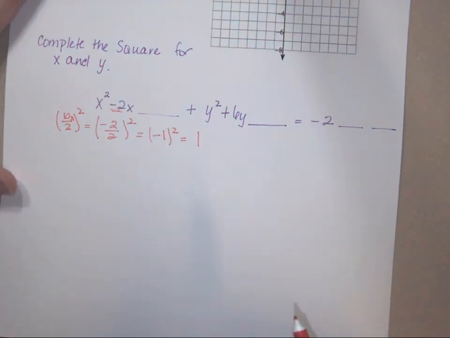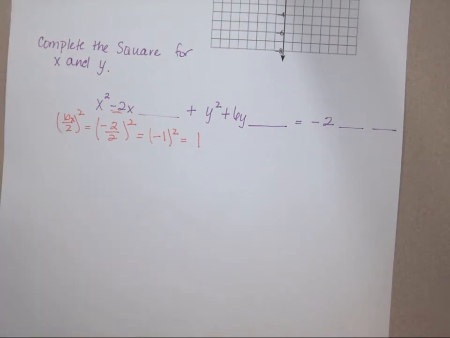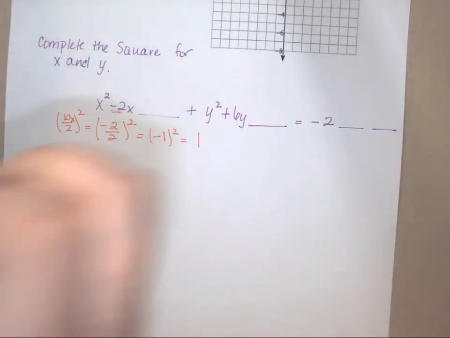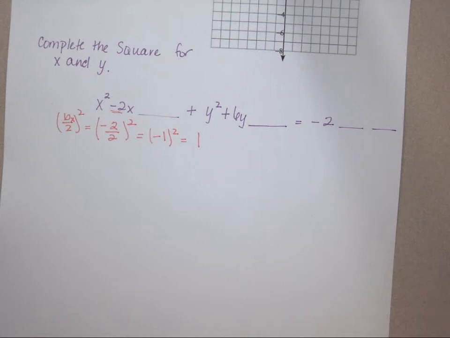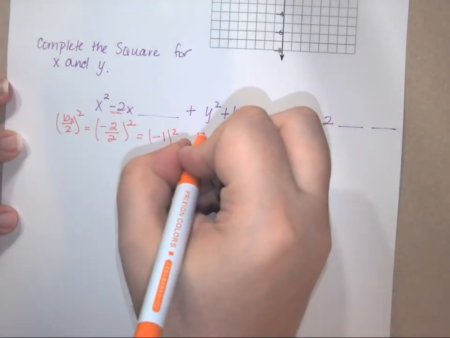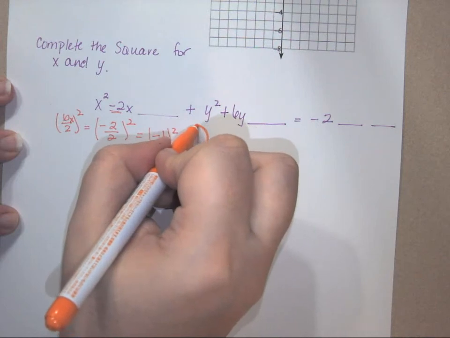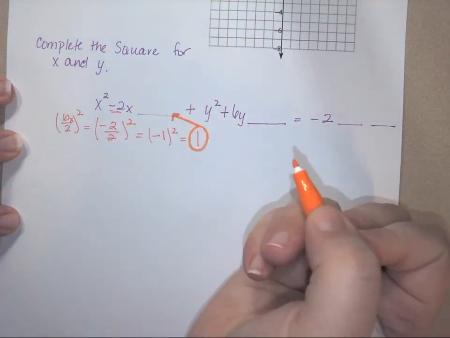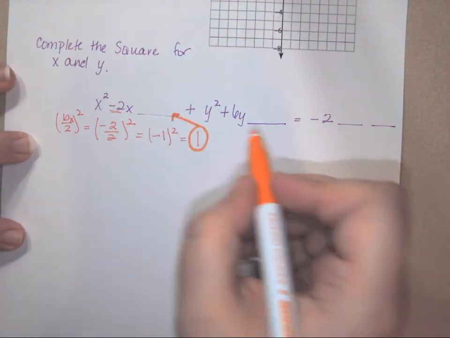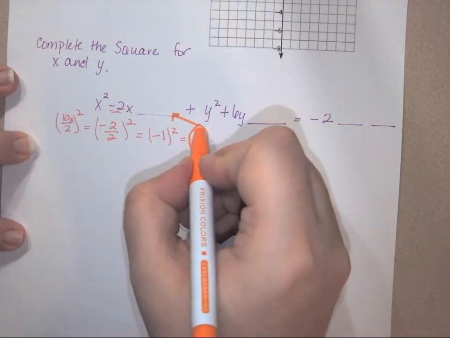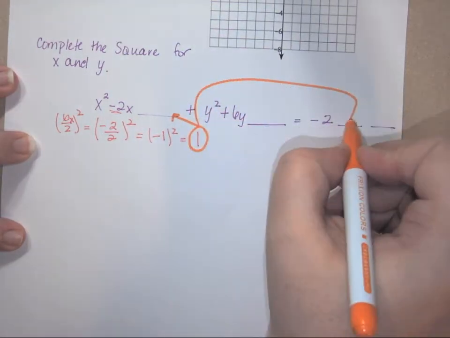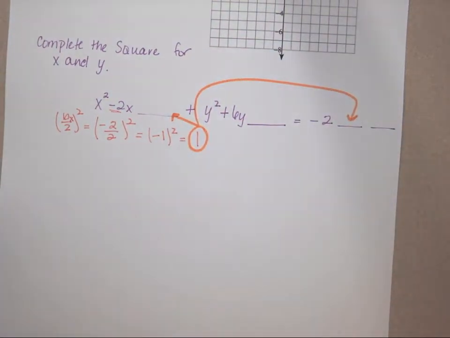Now the reason this is so important is because, first, this term right here on the end is what goes up into this first blank and is what goes over into the first blank on this side.